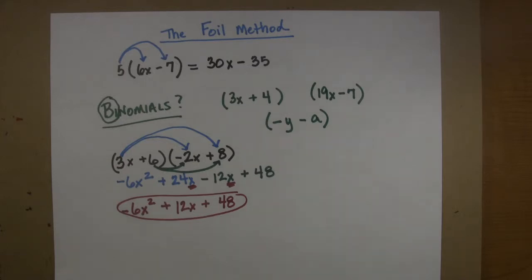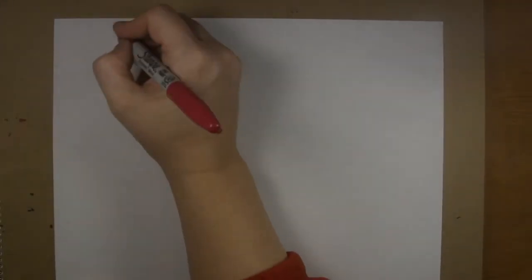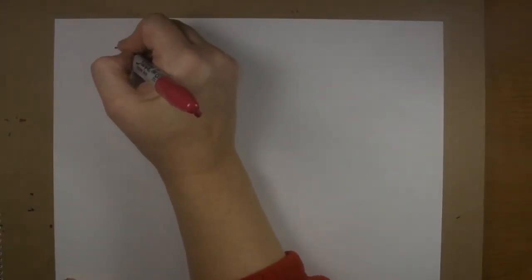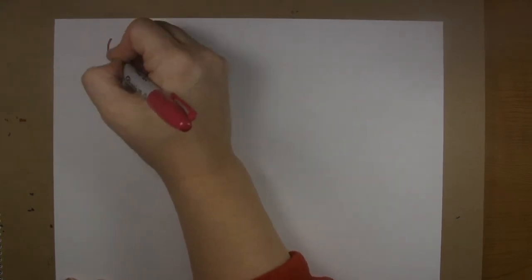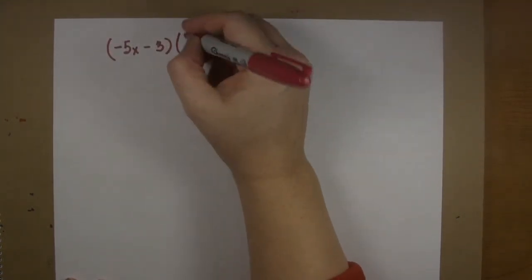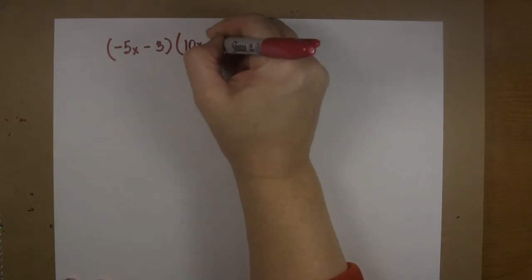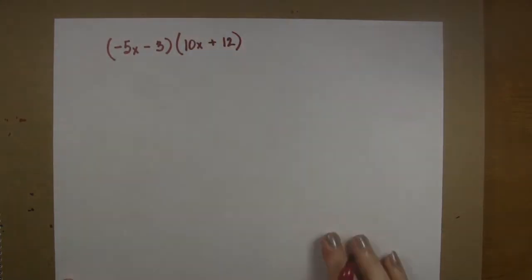Let's do another one. Let's try this one. Let's say that we have -5x minus 3, and we're going to multiply that by 10x plus 12. Okay?